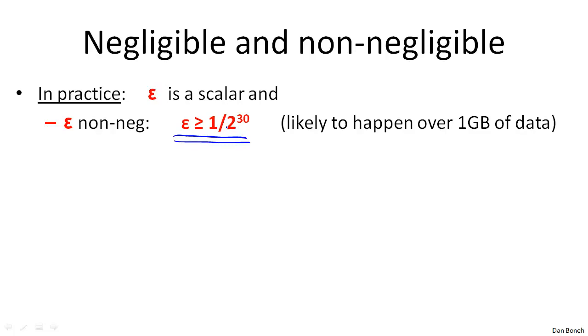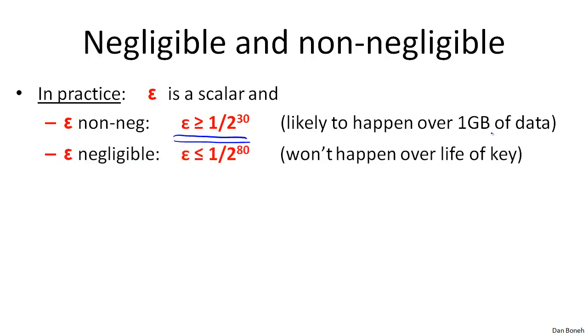The reason that's so is because if you happen to use a key, for example, for encrypting a gigabyte of data, which is about 2 to the 30, or maybe even 2 to the 32 bytes, then an event that happens with probability 1 over 2 to the 30 will likely happen after about a gigabyte of data. So since a gigabyte of data is within reason for a particular key, this event is likely to happen. Therefore, 1 over 2 to the 30 is non-negligible.